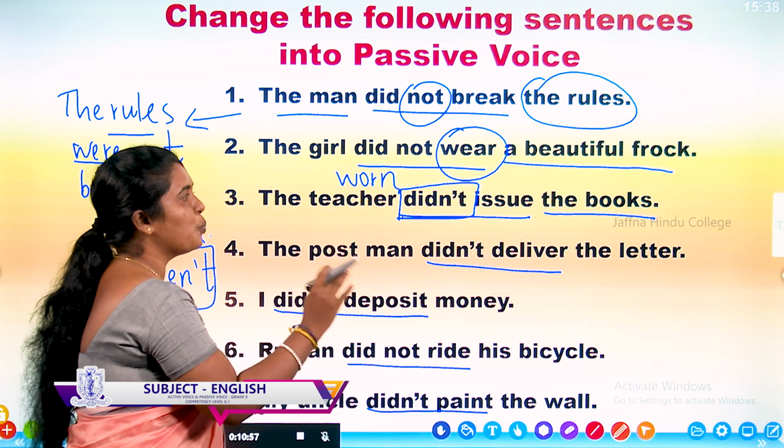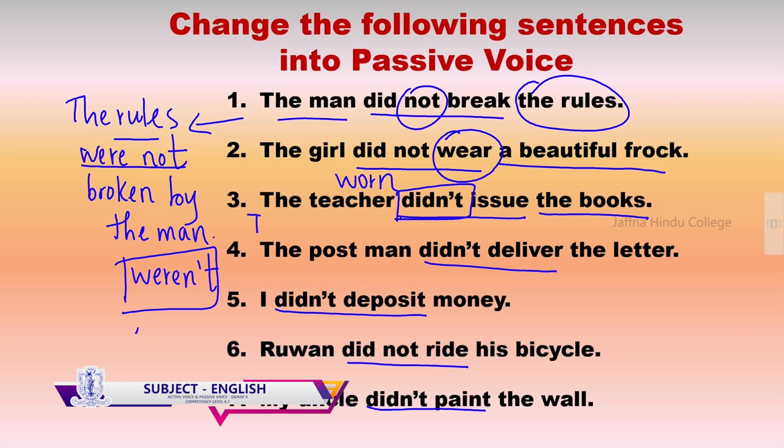The books were not. Past participle form of the verb. What is the verb? Issue. What is the past participle form? Issued. Issued by, who is the doer? By the teacher.